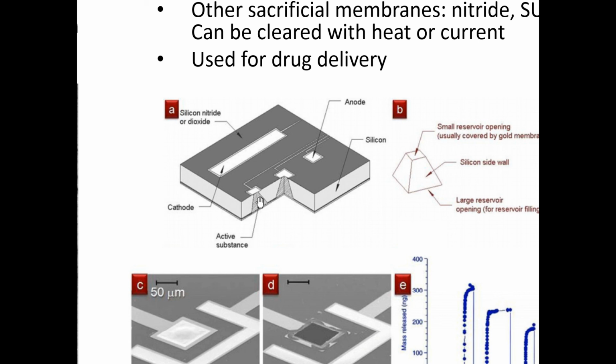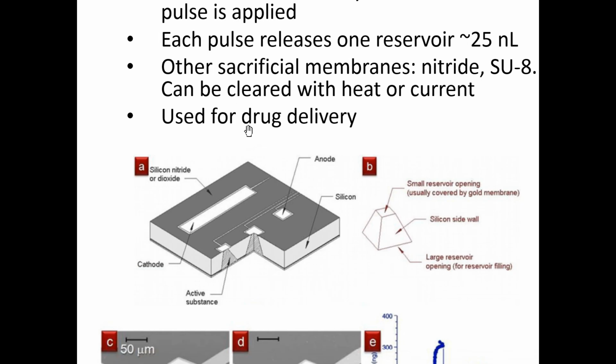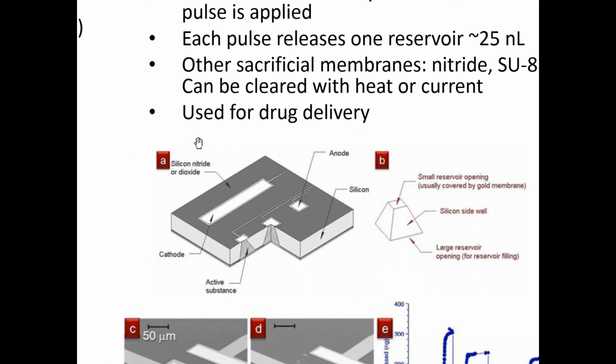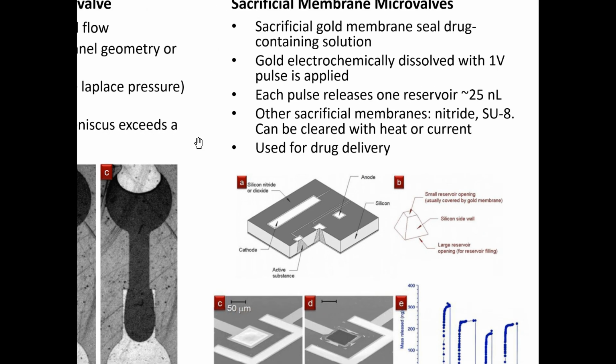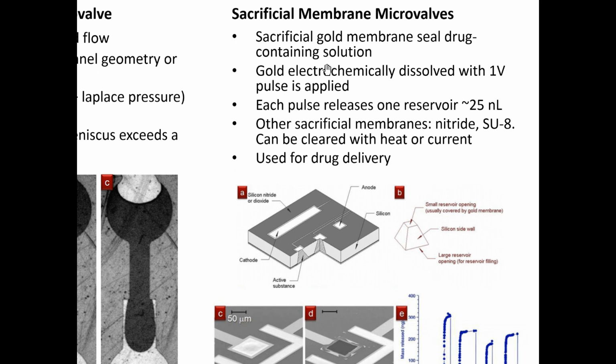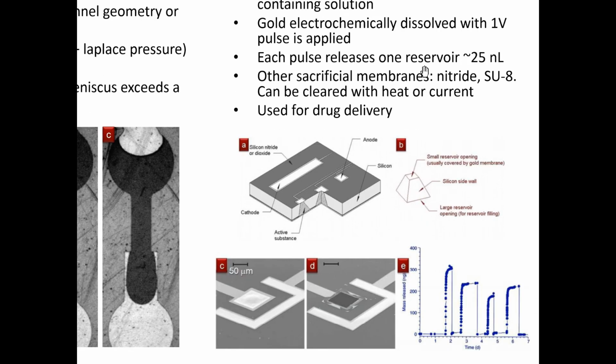So that was the idea behind this. Now, in order to make an idea like this work, each of those valves or containers must have a seal on it, and you have to be able to break that seal somehow. So this sacrificial membrane was made of gold, and the gold could be electrochemically dissolved if a 1-volt pulse was applied to it. All right, so this was the cathode.